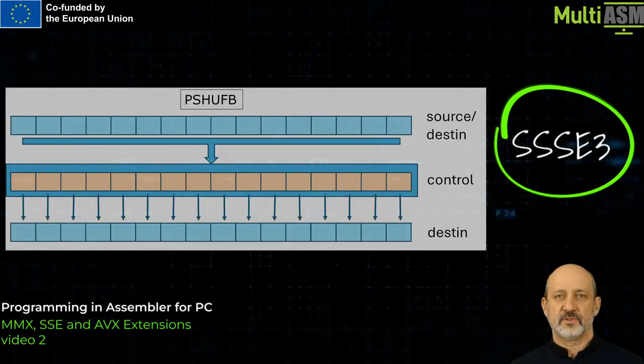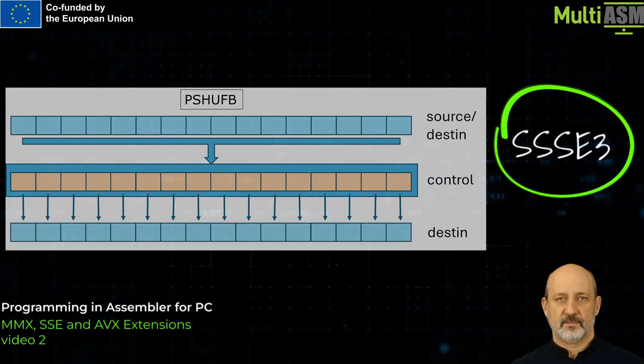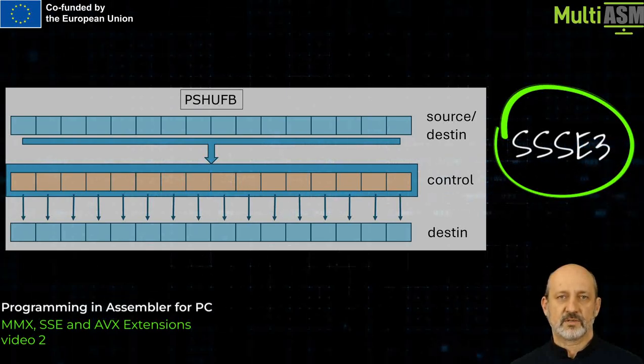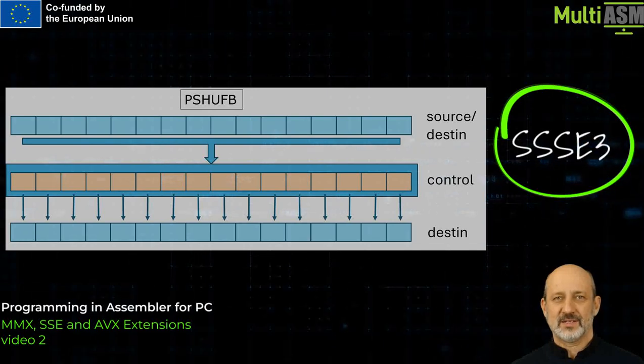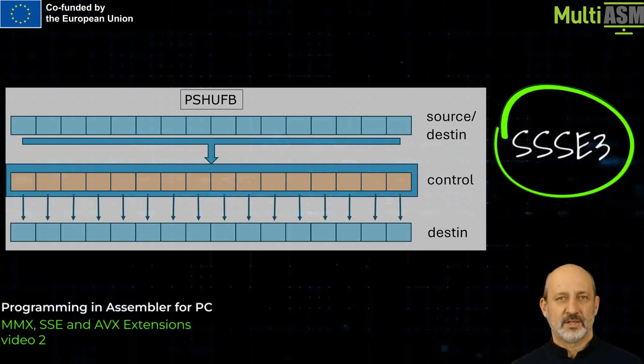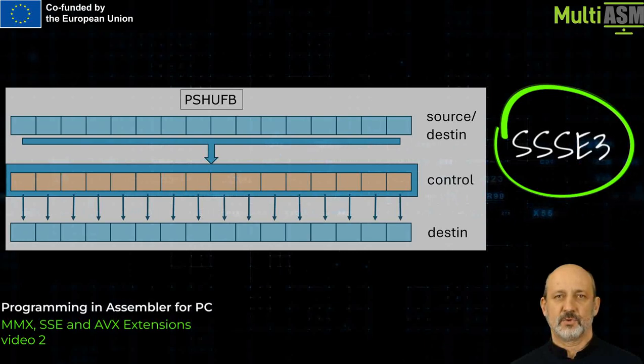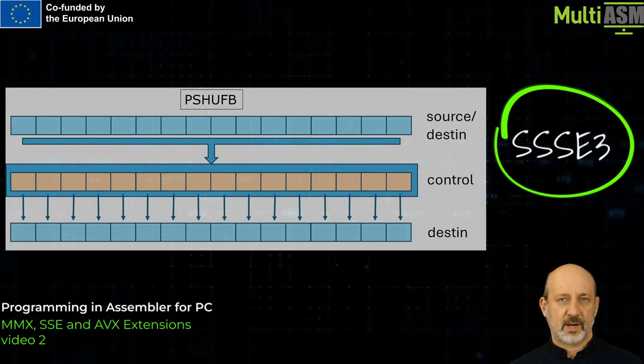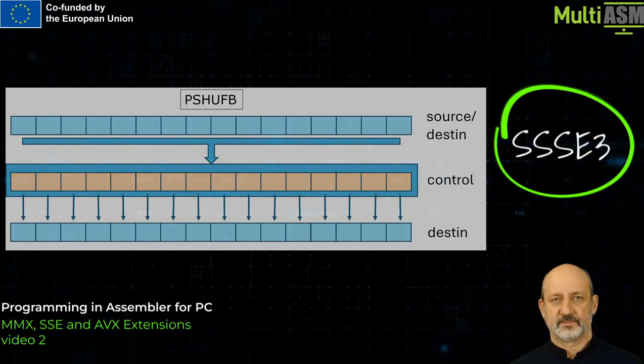Two data shuffle instructions are worth mentioning. The PSHUFB instruction makes copies of bytes from the first 128-bit operand based on the control information taken from the second 128-bit operand. Each byte in the control operand determines the resulting byte in the respective position.